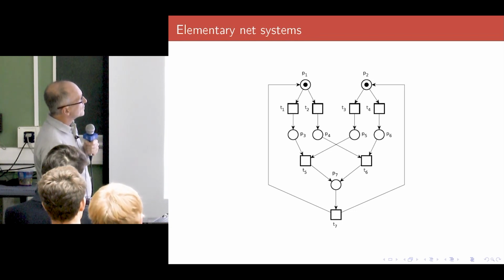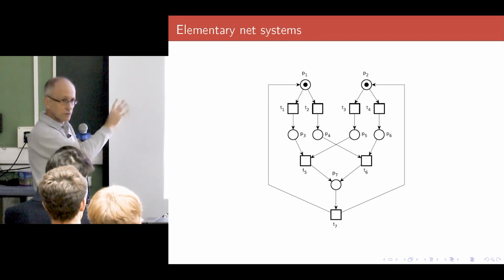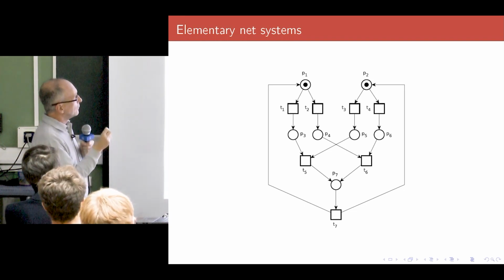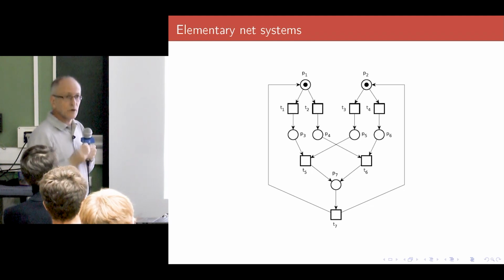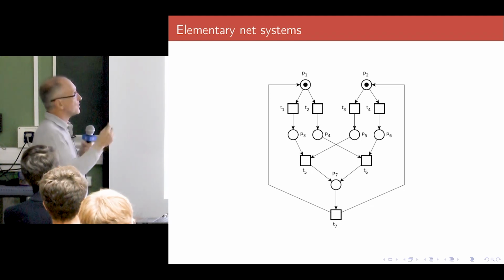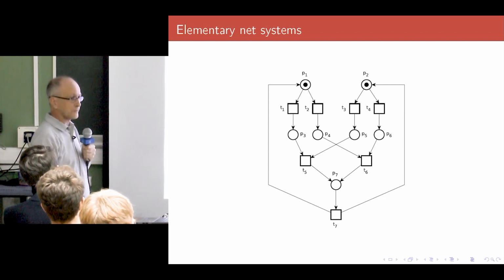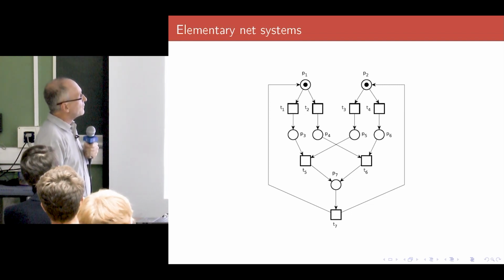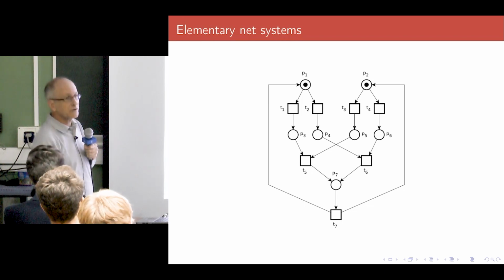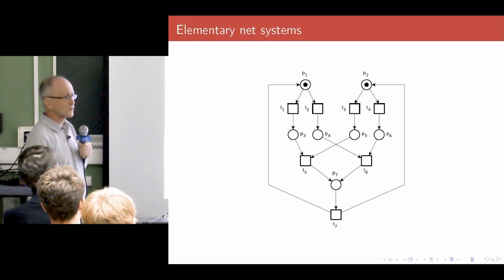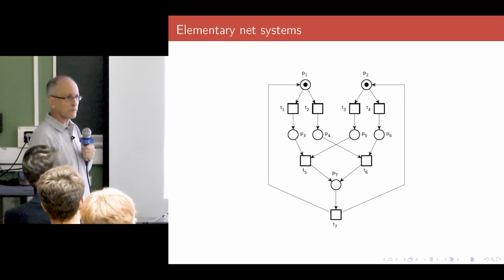As you see, in the situation depicted by this system, the local states P1 and P2 are true. For instance, they might say that this light is on and that light is on. And this allows events T1, T2, T3, and T4 to occur. They might occur because their preconditions are true and their postconditions are false.